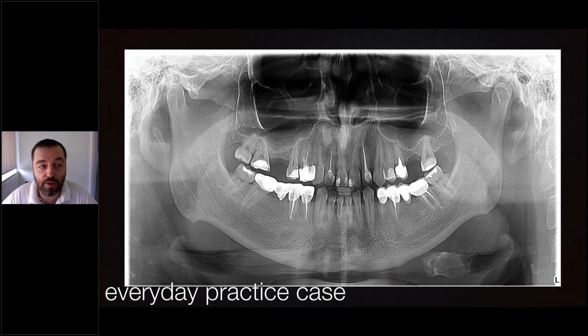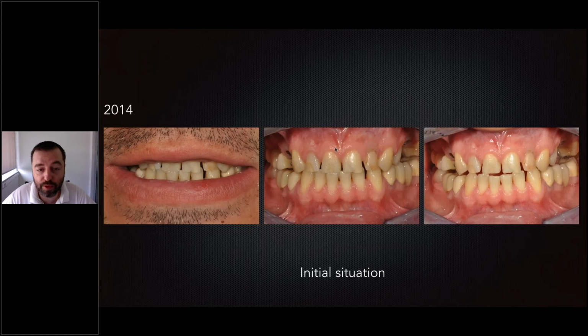And for that, we always do the backward planning concept. So the patient is coming, we try to foresee how he's going to look in the end, and then we are trying to respect that project, both for implant placement and for prosthetics.